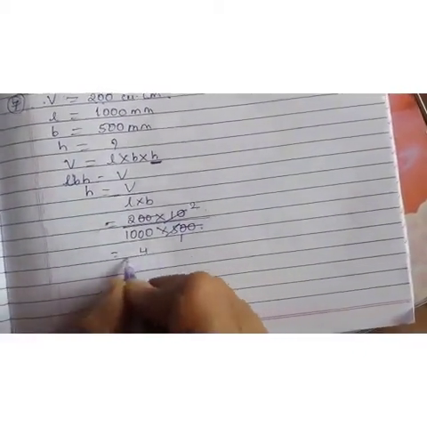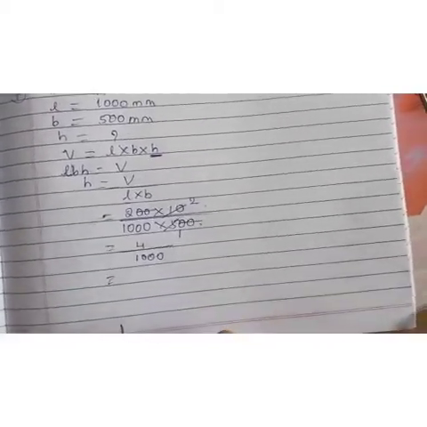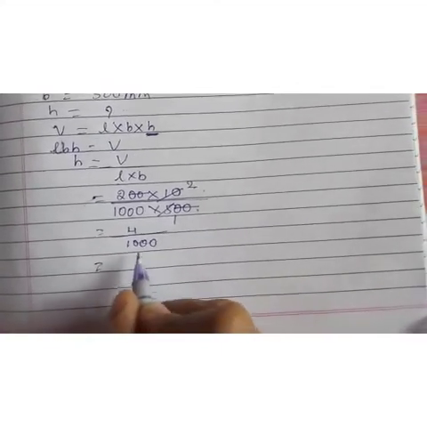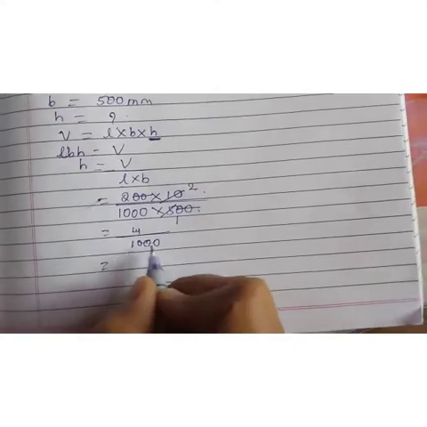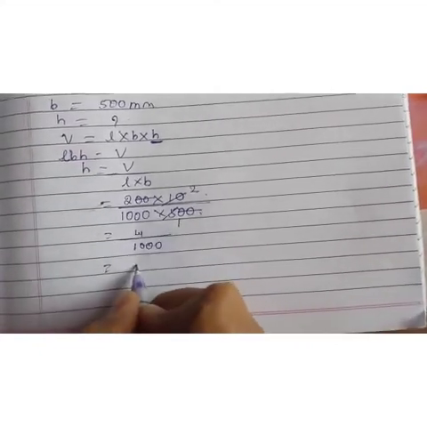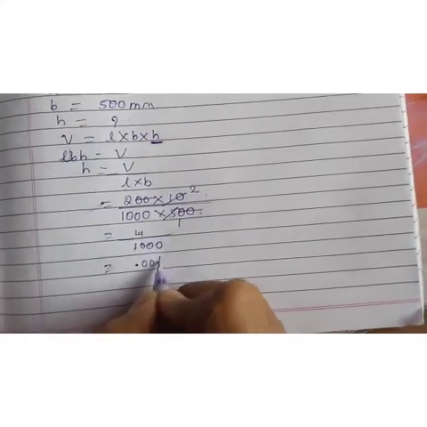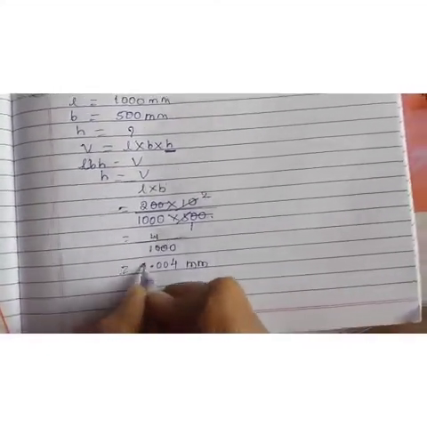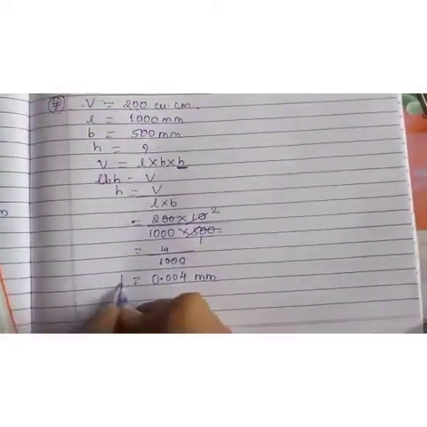So 4 upon 1000. You have already studied decimals, how to convert the given fraction into decimal. The first zero, one digit is there. Leaving this one digit, the first digit becomes point, 2 zeros, leave this 1 and write 4, and the unit is millimeter. So 0.04 millimeters is the height.